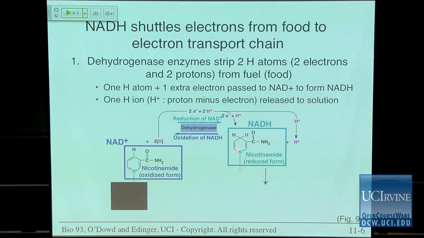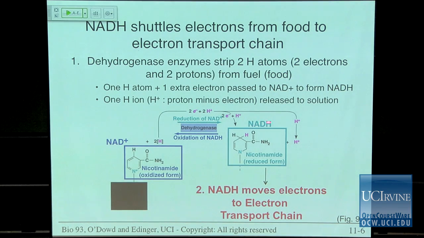Okay? So now we have this molecule that's carrying two extra electrons, one with this hydrogen and one tacked onto this nitrogen. And the free hydrogen ion was released into the cytoplasm. The NADH can now move electrons to the electron transport chain.